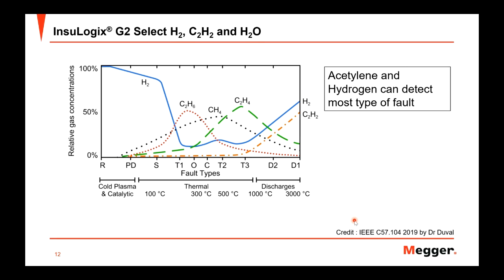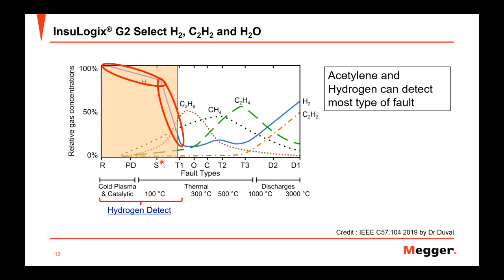So right now, you already know that our InsuLogic G2 is measuring the acetylene, the hydrogen and the moisture. So I would like to tell you a little bit about why we select all these gases and moisture to be monitored inside your transformer, because you can detect the changing of the fault in your transformer in this region here.